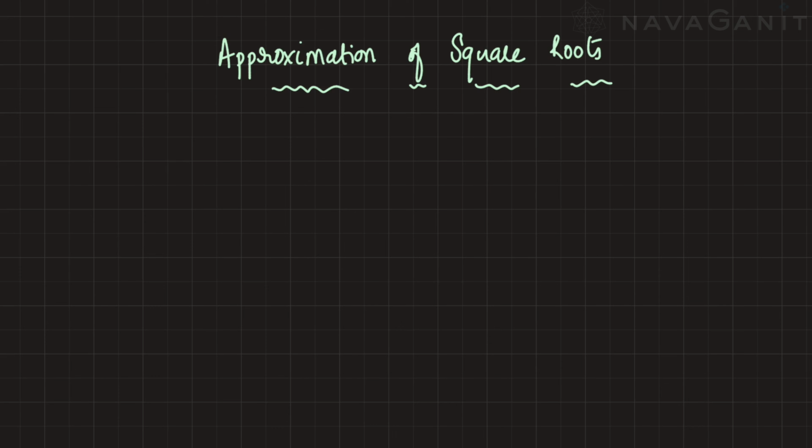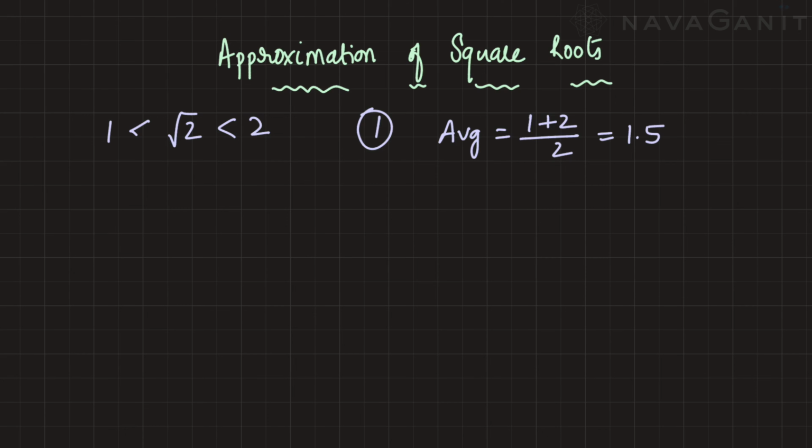For example, let us find out square root of 2. So we know that it lies between 1 and 2. Now first step, let us take the average of 1 and 2. So the average would be 1 plus 2 upon 2, which is 1.5. Now let us check the square of 1.5. This is 2.25.